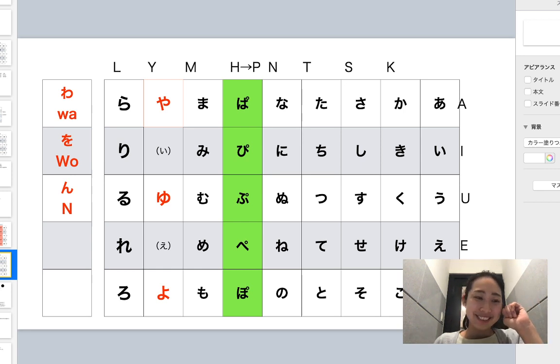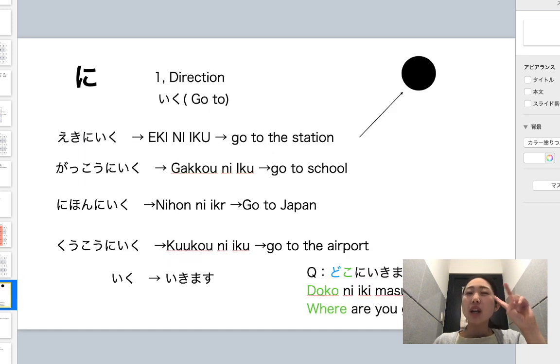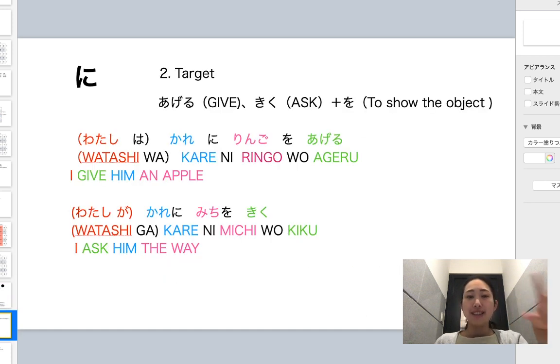Okay? Great. And then we saw the second function of ni, which is the target. By putting ni after some target, you can make it him, her, you, or something like this. Whom. Okay? 彼にリンゴをあげる。彼に道を聞く。So the verb comes at the very last when we say it in Japanese.